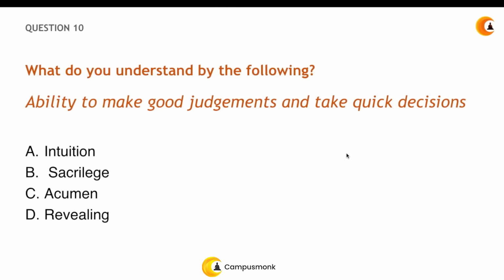Okay. So again, the statement says ability to make good judgment and take quick decision. Right? Intuition means an instinct that you get from inside. Acha ye hone wala hai. This is about to happen. Okay? Right? That is intuition.